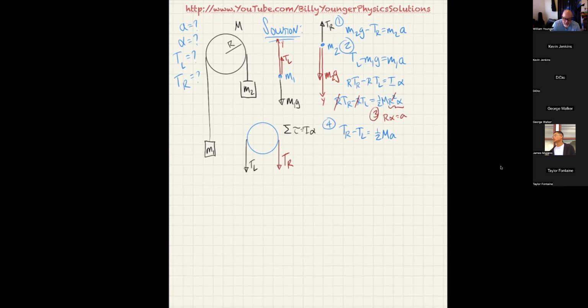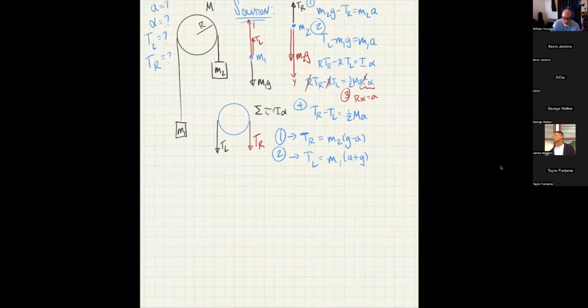First, I'm going to solve equation 1 for T right, which gives T right is equal to M2 times G minus A. Then I'm going to solve equation 2 for T left, which gives T left is equal to M1 times A plus G. I can call these 1 prime and 2 prime.